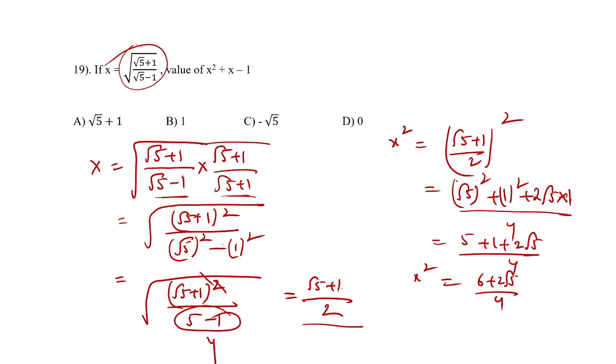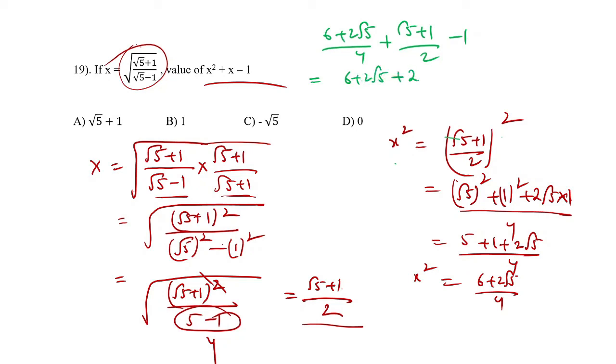Substitute these values in this expression. X square value is what? 6 plus 2 root 5 by 4. X value is plus root 5 plus 1 by 2 minus 1. That equals 6 plus 2 root 5 plus 2 root 5 plus 2 minus 4 whole by 4.